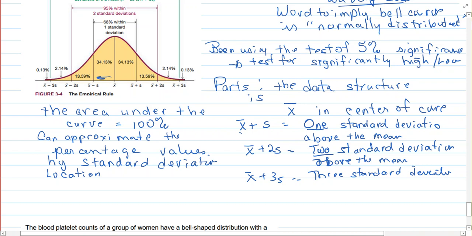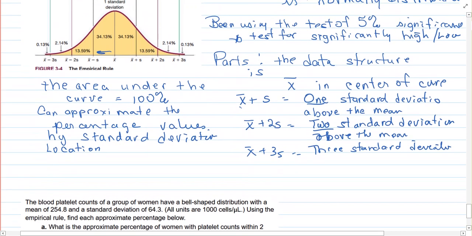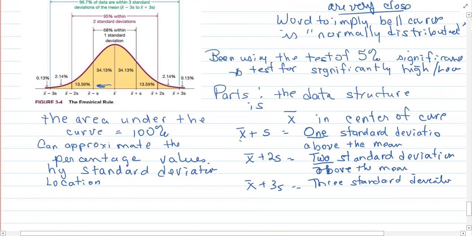In other words, it's either one standard deviation below the mean, how much area is there, or two standard deviations around the mean. You can do 1.5, but you cannot do anything that is going to be difficult to calculate the amount of area. So what does this mean?